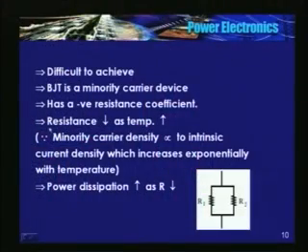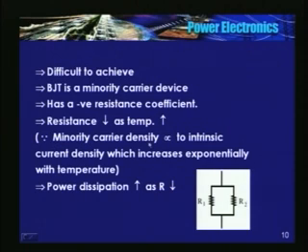It has a negative resistance coefficient. It's a property of the BJT: being a minority carrier device, it has a negative resistance coefficient. So in other words, as the temperature increases, resistance comes down. This is one way to explain the reason for having a negative resistance coefficient.